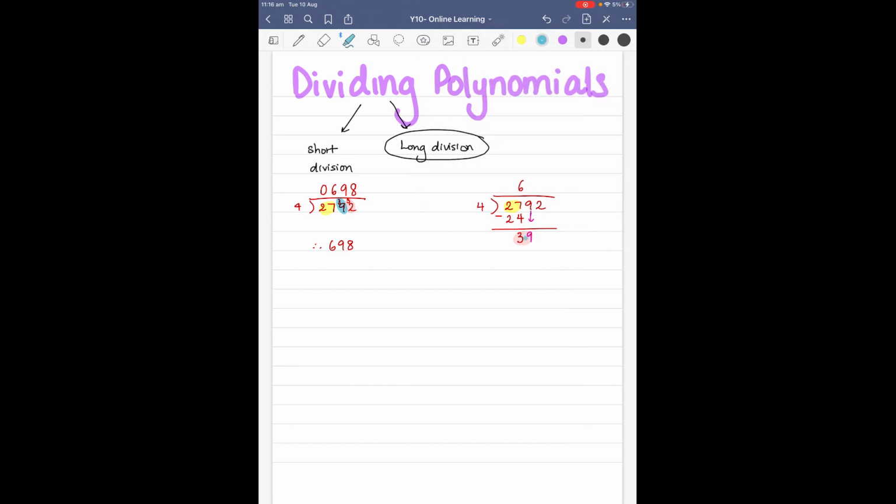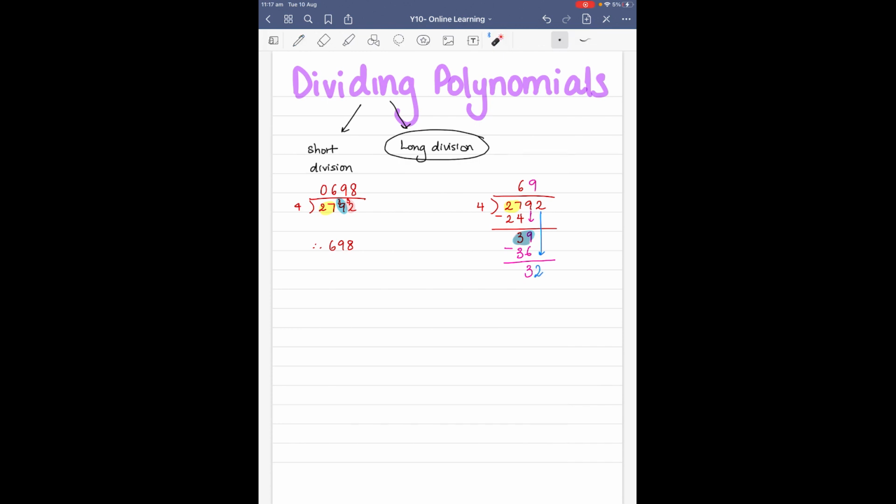39. All right, 4 goes into 39. We know it goes in 9 times because 4 times 9 is 36. Find the remainder, which is 3. Drop down the next number, which is 2.